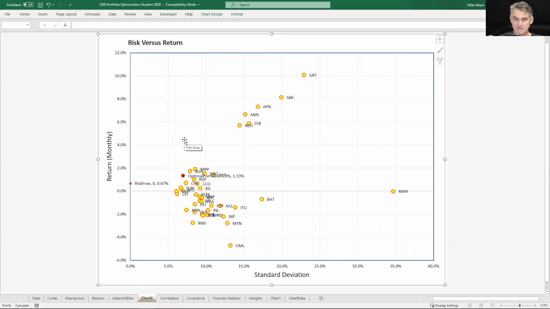We want to maximize the Sharpe ratio, which is the portfolio return minus the risk-free return, divided by this distance over here, which is actually just the portfolio standard deviation. That's why we need all of those things.